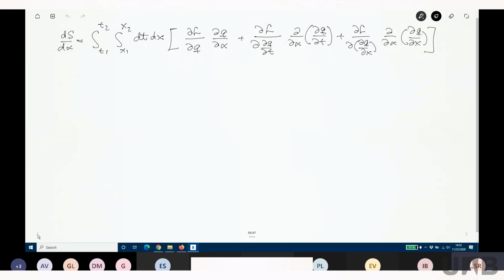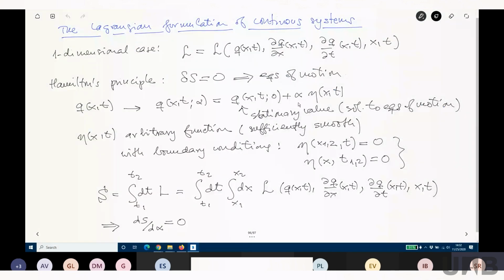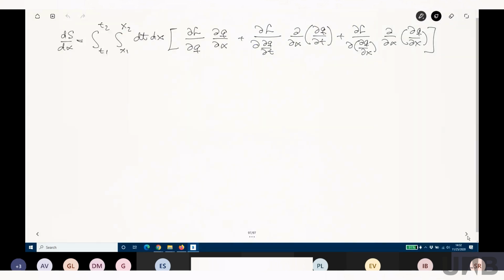But remember that alpha does not depend on x or t. It's a completely different parameter. So taking the derivative of q with respect to x or t commutes with the derivative with respect to alpha. That means that the derivative with respect to alpha of the derivative of q with respect to t is the same as the derivative with respect to t of the derivative of q with respect to alpha.